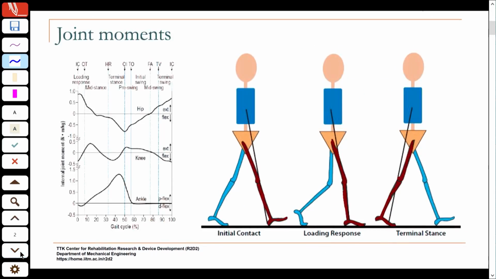Okay. So, we also talked about how the net internal joint moments act at the various stages of gait, and we looked at how the location of the ground reaction vector gives you a clue as to the direction of the internal joint moment, but the actual joint moments are computed by inverse dynamics.